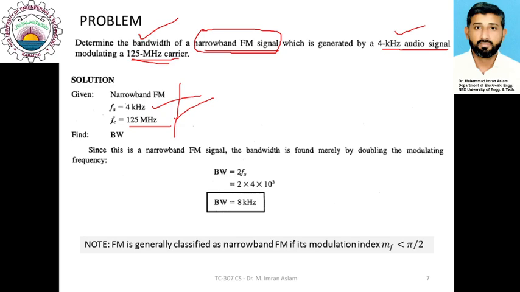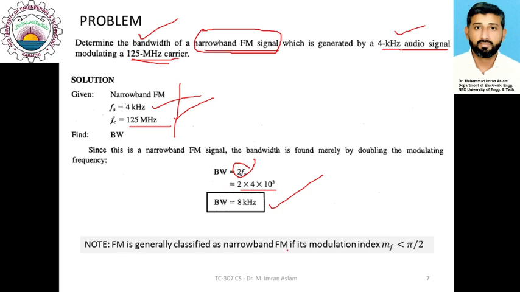So for this particular case, the bandwidth should be 2 times fa, so you can simply multiply 2 by 4 kilohertz in order to get a bandwidth of 8 kilohertz. This is the bandwidth for the narrowband FM case here.